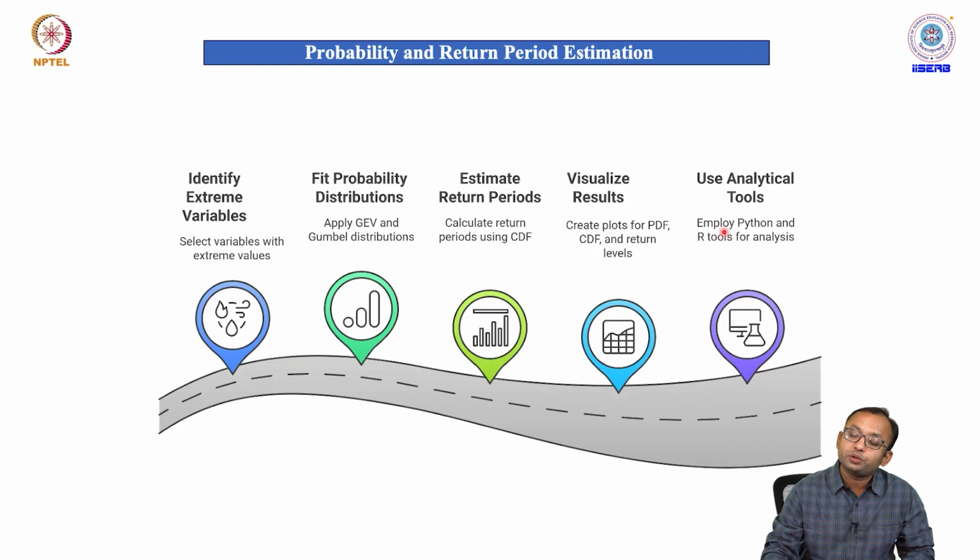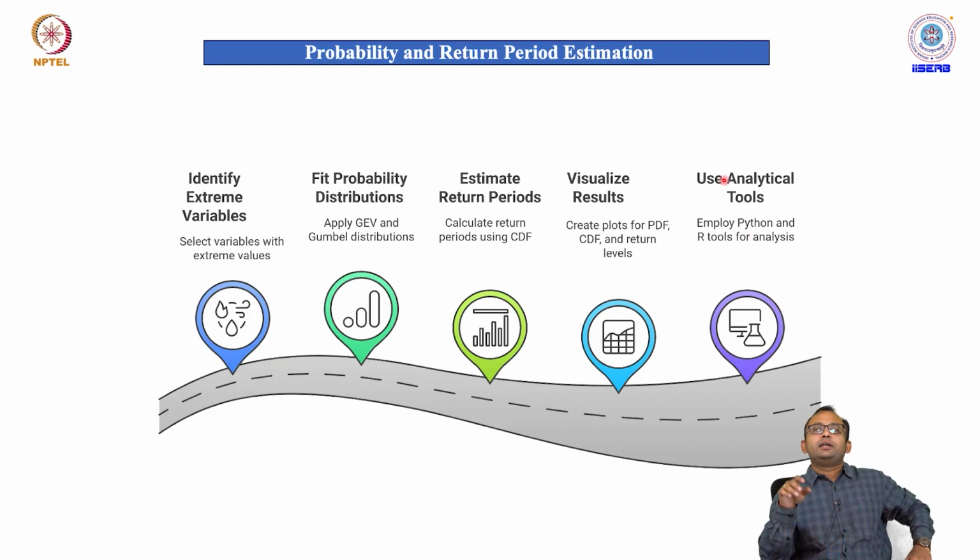Then you can also do some analysis with analytical tools, employing Python, R, or several different libraries. I will tell you a few of them. For example, you can use the extRemes library in R, which can do extreme value distribution analysis.